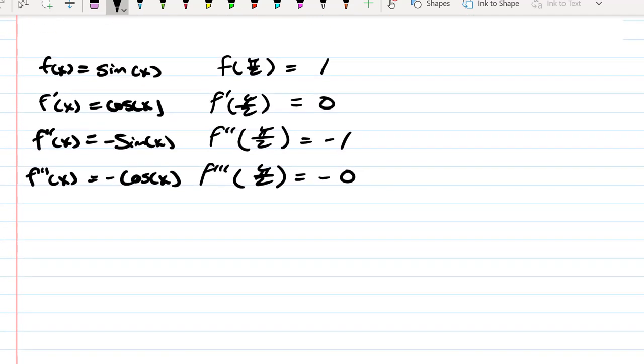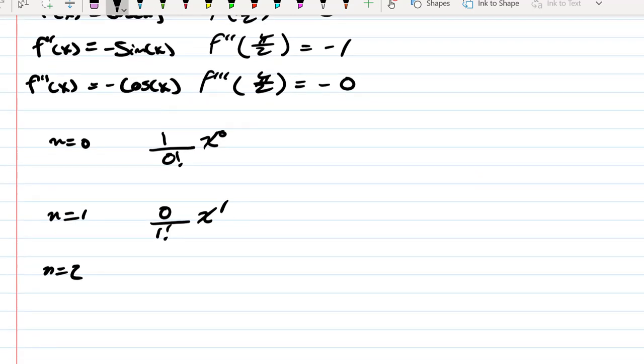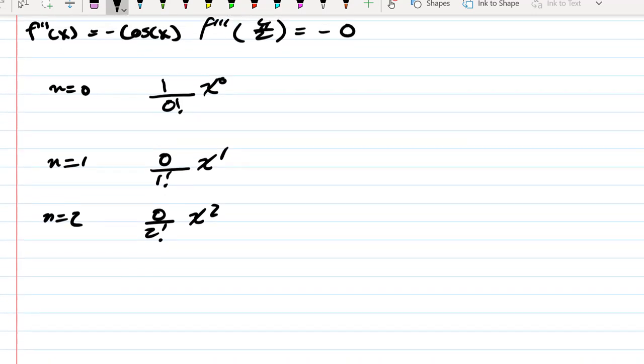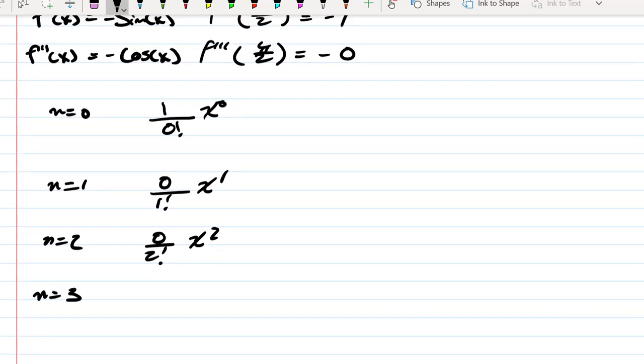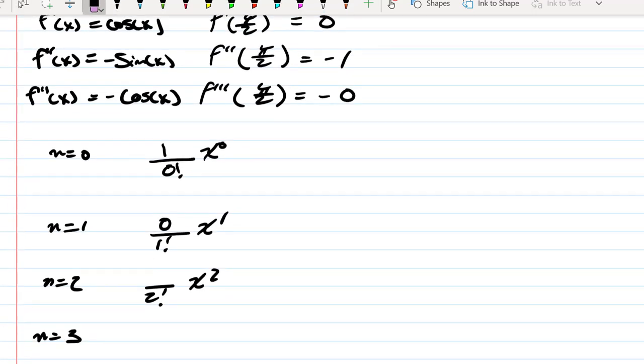So for n equals 0, we're going to have 1 over 0 factorial x to the 0. For n equals 1, we're going to have 0 over 1 factorial x to the 1. For n equals 2, we should have had negative 1, that's my bad.